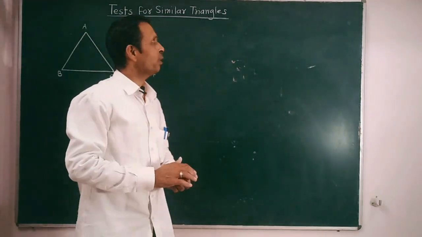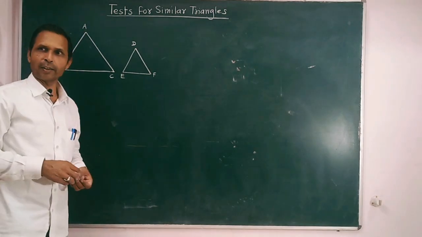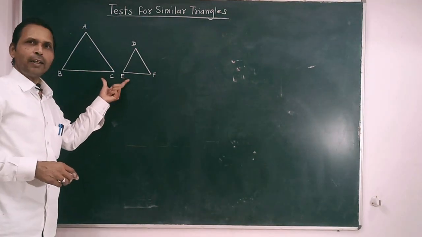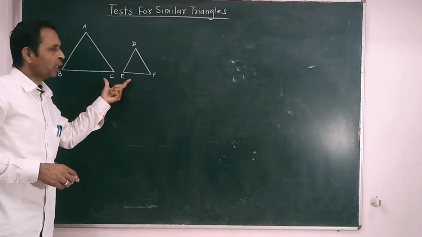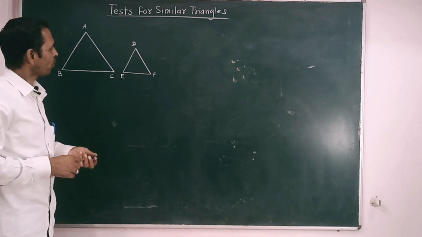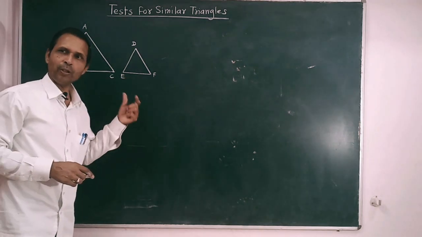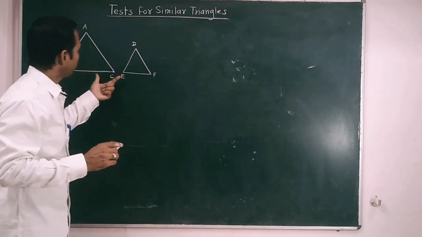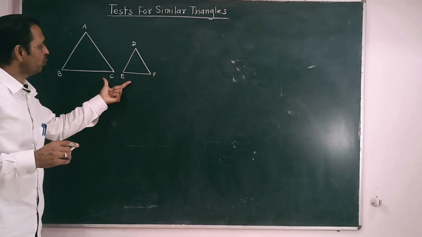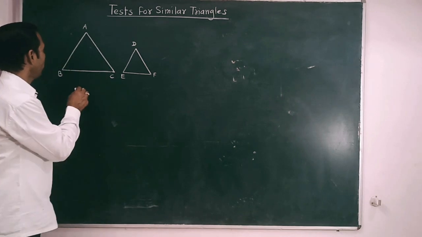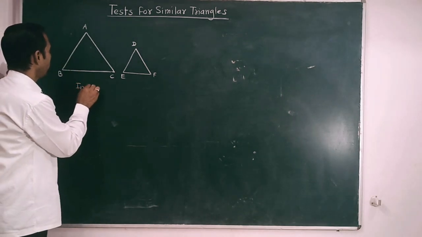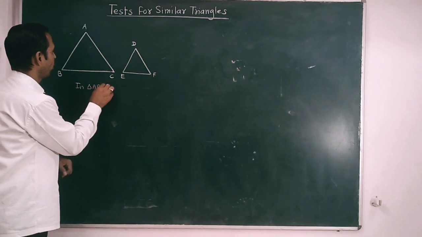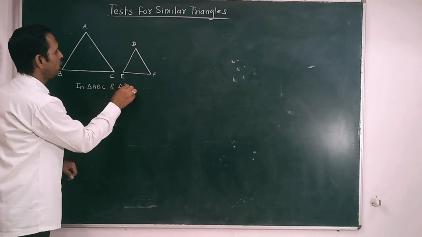Now let us learn the test for similar triangles. We already learned that 2 triangles are similar if there is a one-to-one correspondence between the vertices of the triangles. Suppose these 2 triangles are given to you: triangle ABC and triangle DEF.